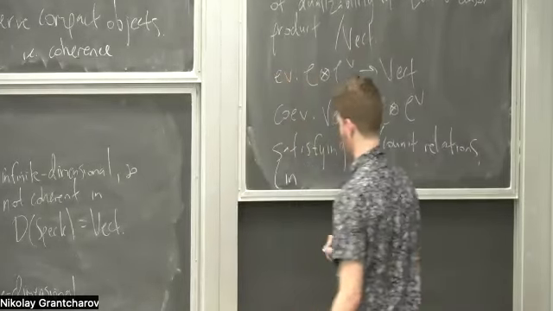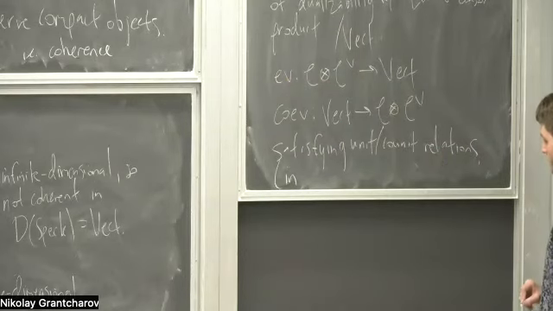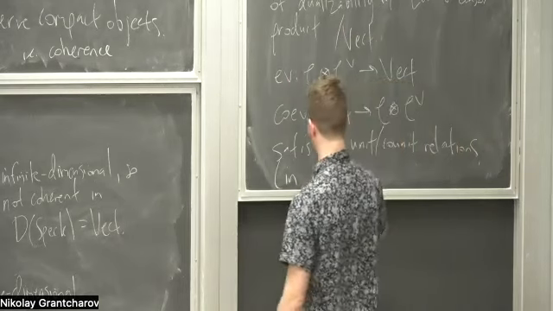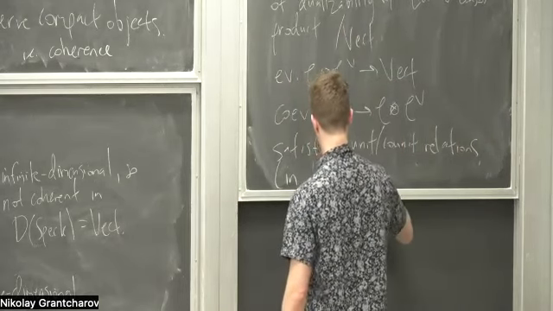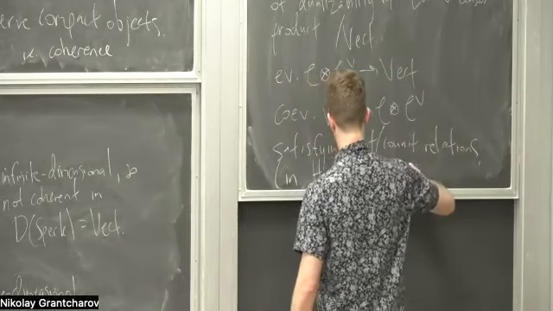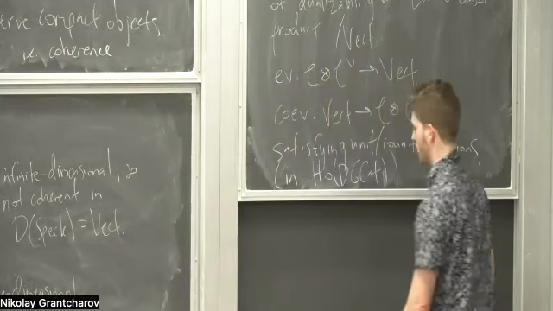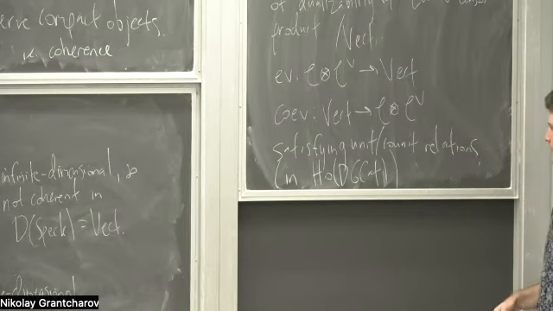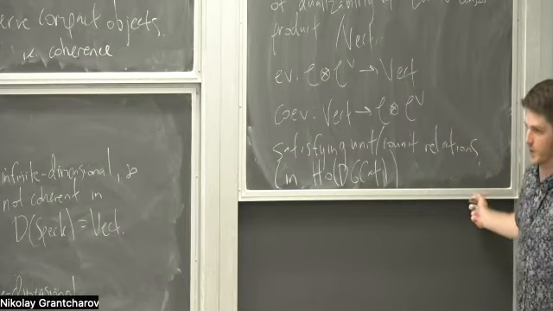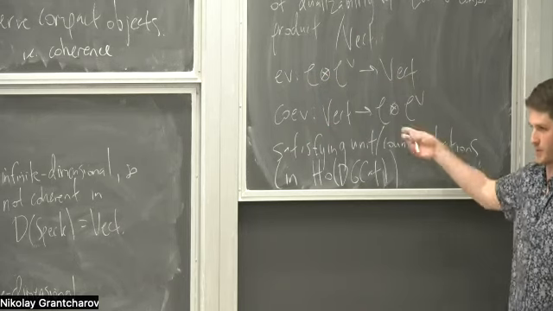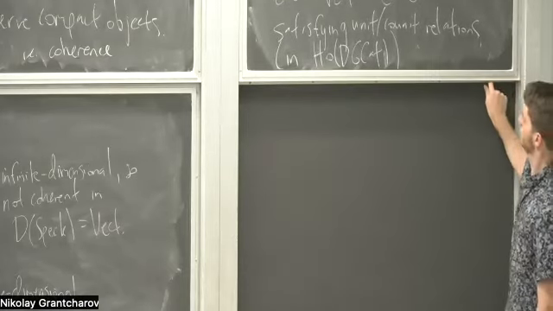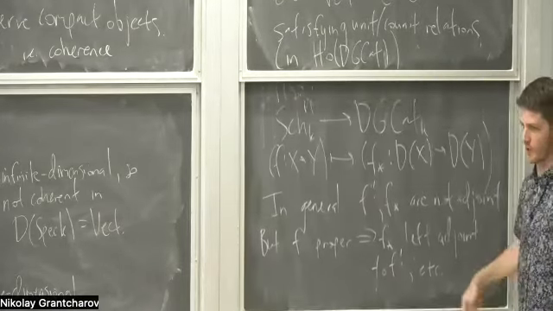And by the way, this may sound kind of scary because I'm talking about higher categories, but you can actually just impose these unit-counit relations in the homotopy category, and it doesn't actually affect the notion of dualizability. So this is one case where the higher category theory doesn't really add any complexity. You don't have to worry about higher structure.